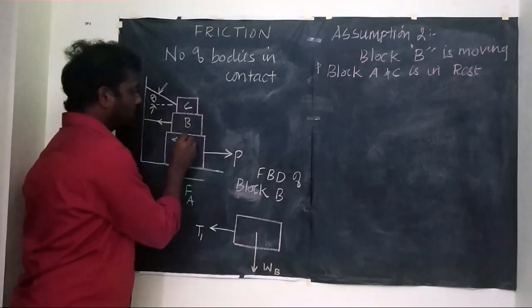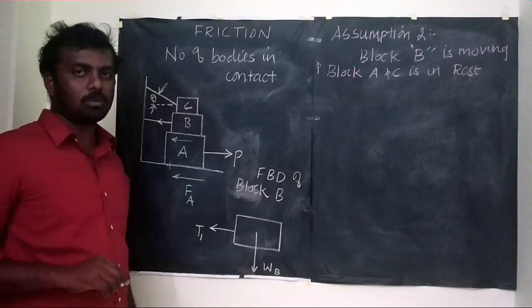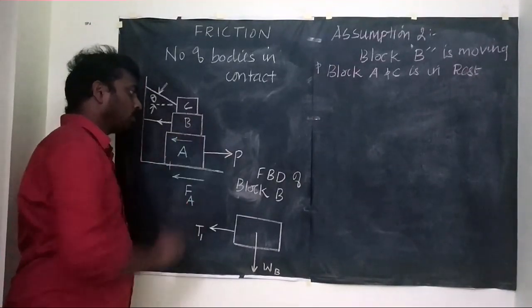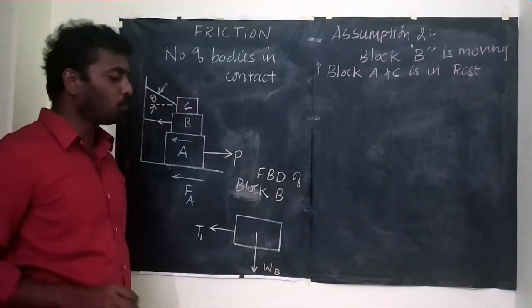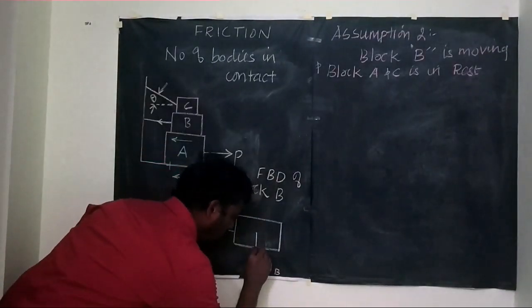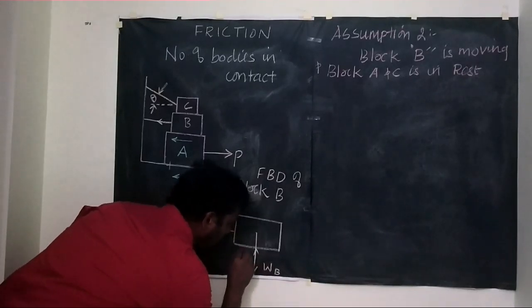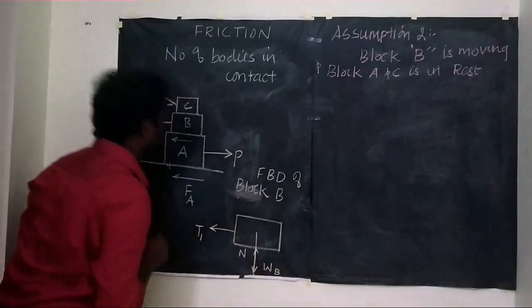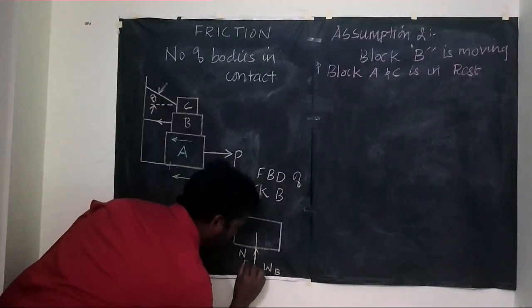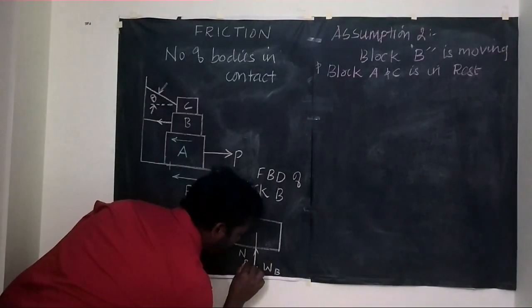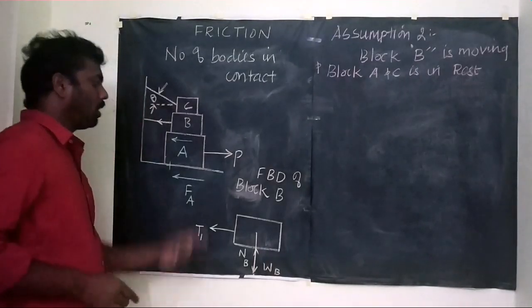Then this horizontal plane exerts some normal reaction force on block B to keep it in equilibrium. This is my normal reaction force, N suffix B.